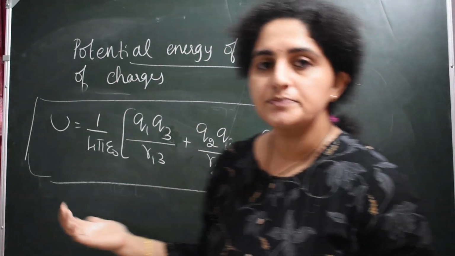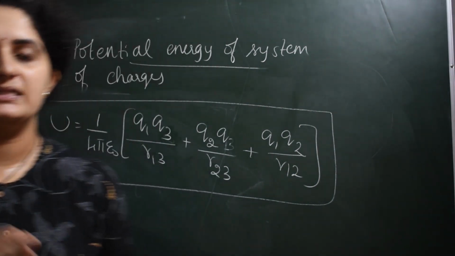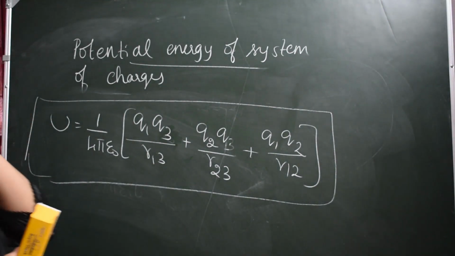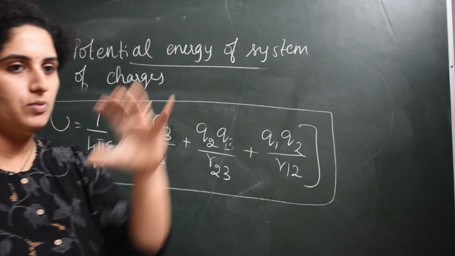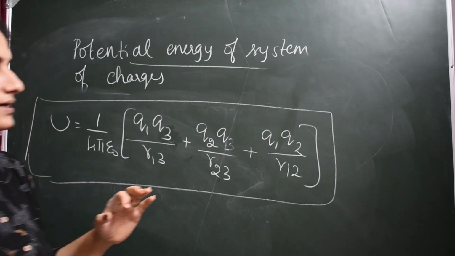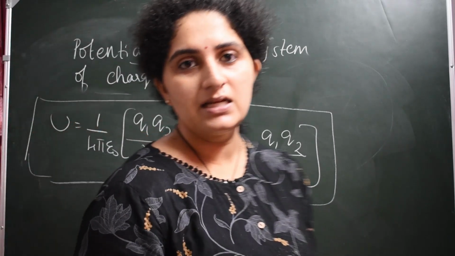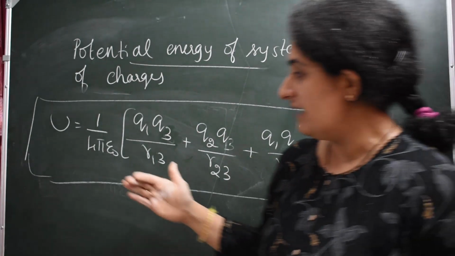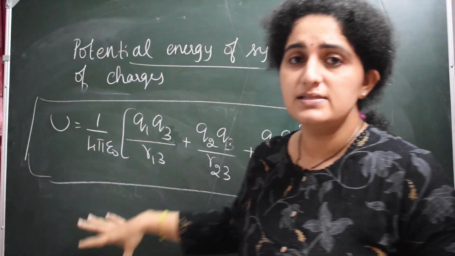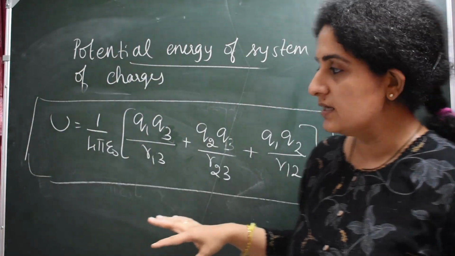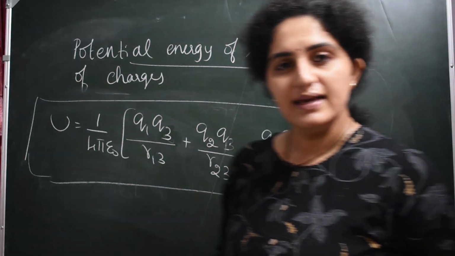Then go with the relation between the electric field and the potential. There also you have to consider 2 equipotential surfaces. Calculate the work done when you have a change in potential from one surface to another, then relate it with the electric field.